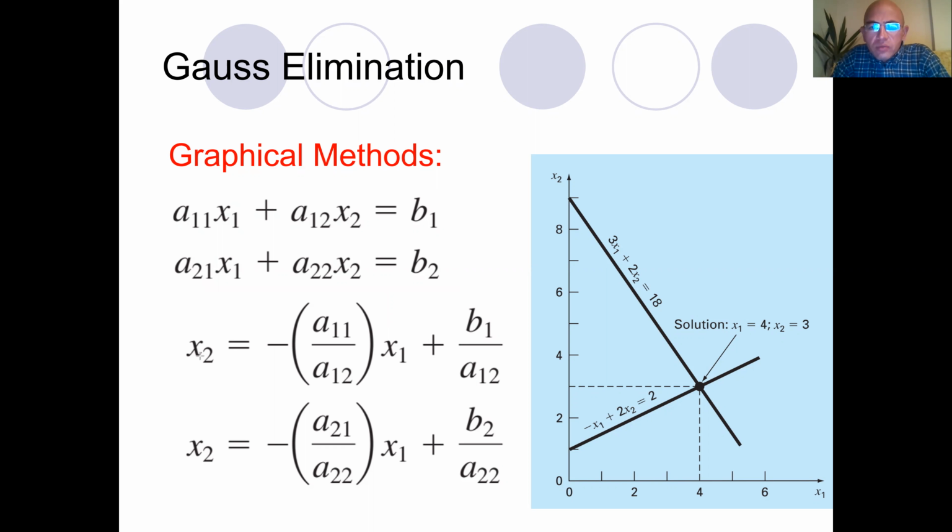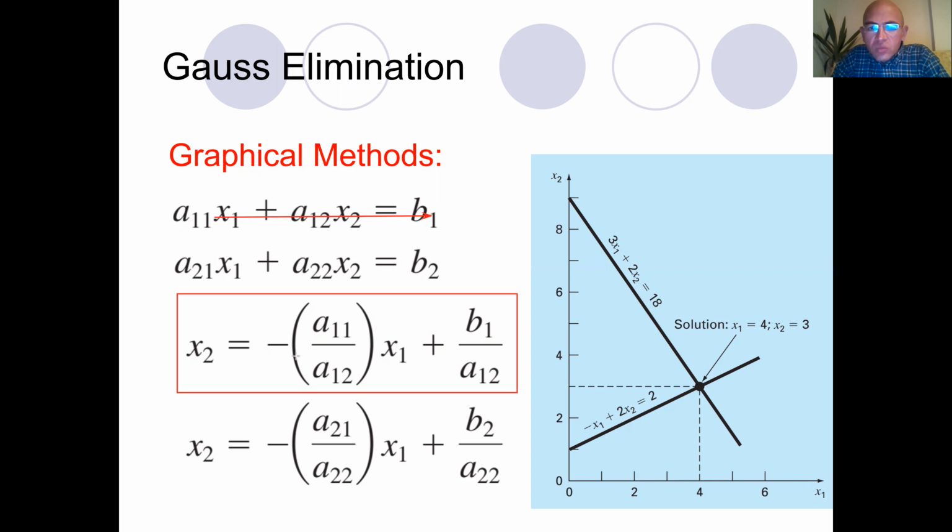Now we have 2 functions. So the first one is this one. As you see, what I do is I divide the whole expression, the first equation, by the coefficient of x2, that is a12, and take the rest of the variables to the other side of the equality.